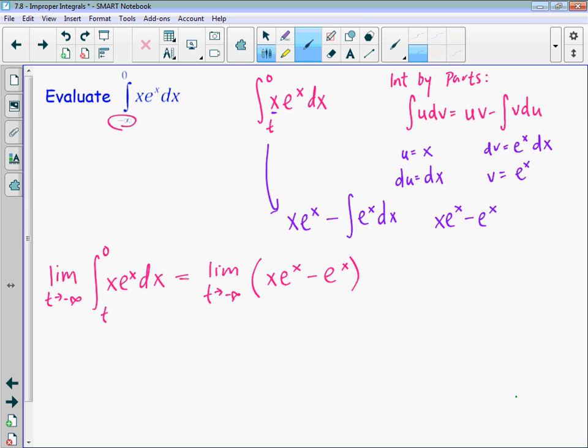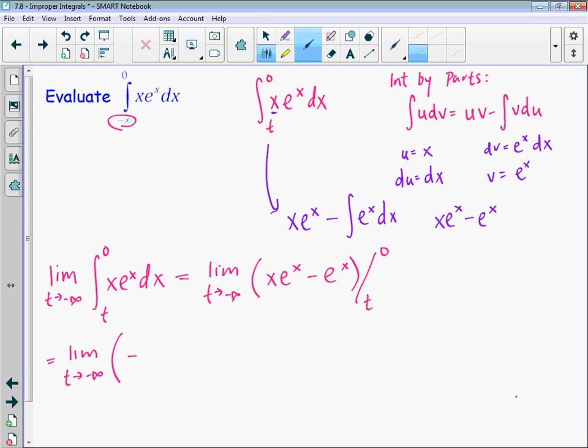And I'm evaluating that from t to 0. Okay, now I haven't taken the limit yet, so I'm going to keep my limit on here. And if I plug in 0, I get 0 here, and this turns into what?